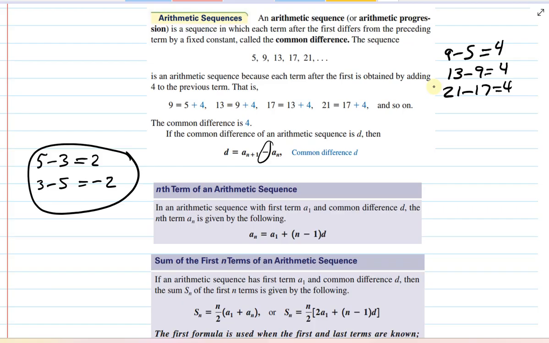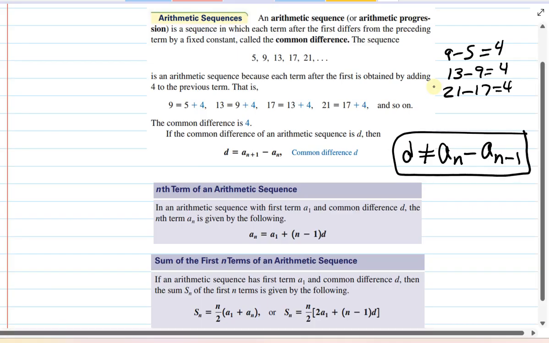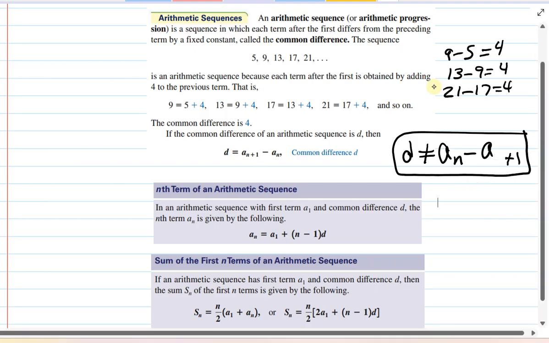They're not the same. So it does make a difference which term is being subtracted from which. Notice d is not a sub n minus a sub n plus 1, because then I'd be subtracting the next term from the term prior. So that's not allowed. I just want to put that out there.